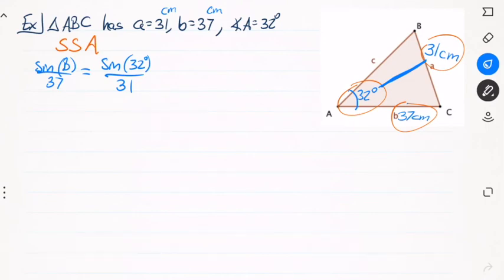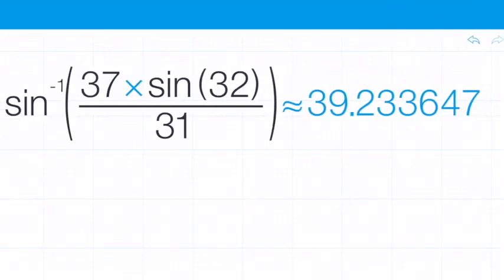All right, so the measure of angle B is going to be sine inverse of 37 sine of 32 divided by 31. So that's going to give us approximately 39.2 degrees.